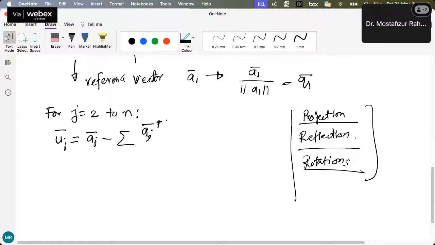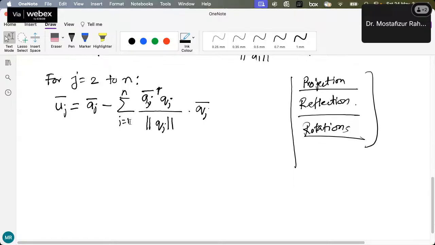I'm taking the dagger notation, aj dagger qj, divided by qj norm for normalization, times qj. And suppose j equals 1 to n. Then whatever we get from there, we have to get back the qj in normalized form, and that qj will be equal to uj by uj norm. This is just how I'm doing it from the coding format.